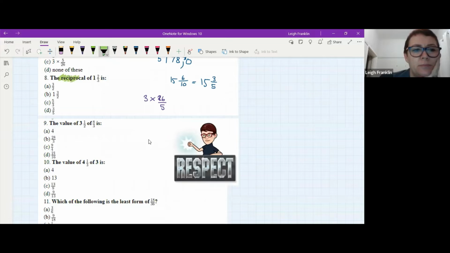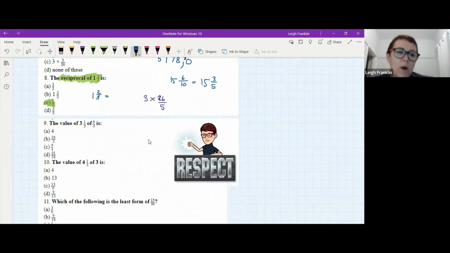C. So the reciprocal of 1 and 2 over 3, you said the answer is C. Why did you pick C? First of all, how do you make 1 and 2 over 3 into an improper fraction?